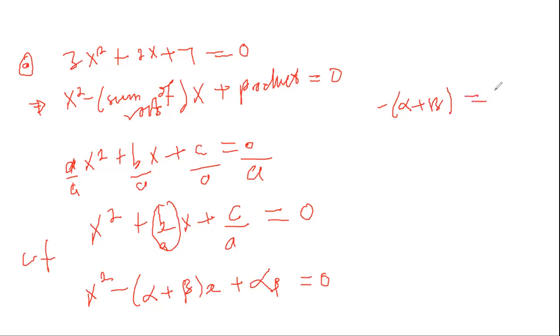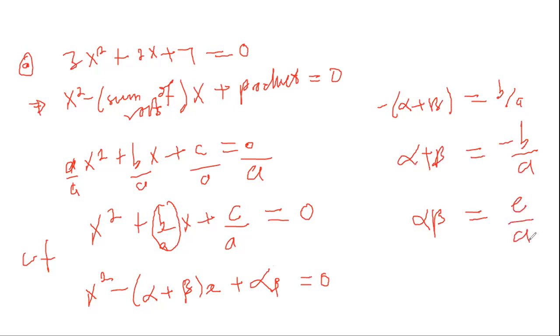Dividing by negative, the sum of roots alpha plus beta is negative b divided by a. And c over a is equal to alpha beta, so the product is c divided by a.